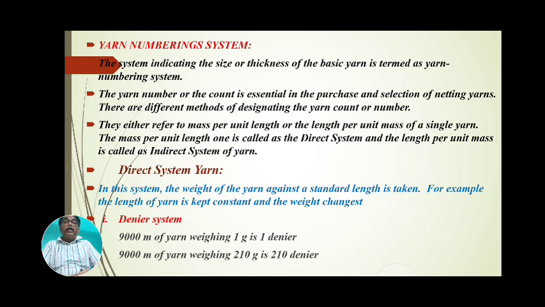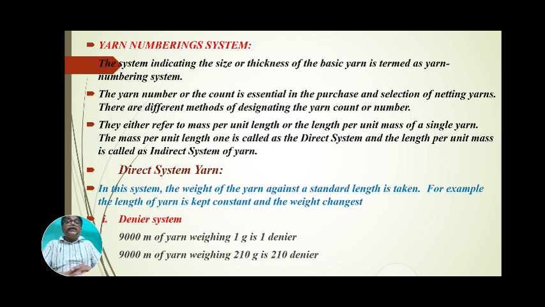For example, the length of yarn is kept constant and the weight is changed. This is called the direct system. Mass per unit length means the weight of the yarn is taken against a standard length.